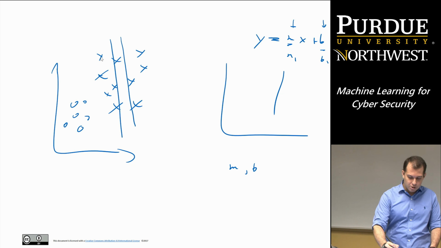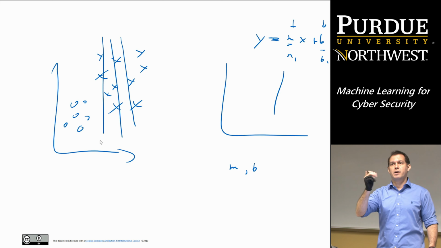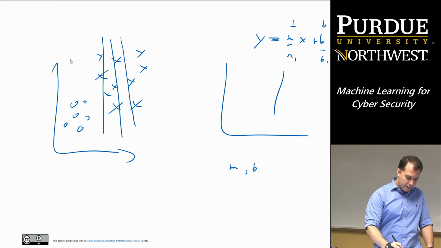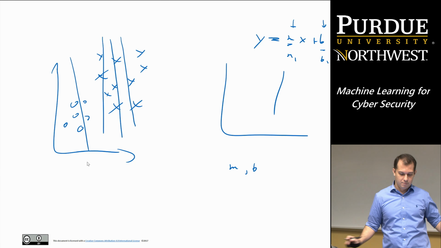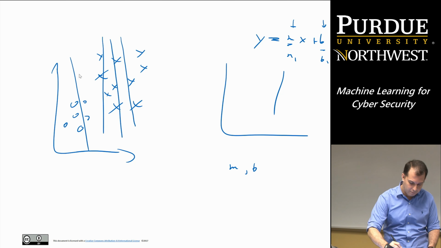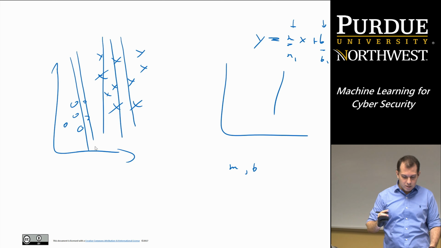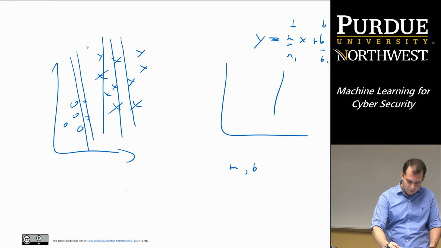Okay, next iteration. Better, right? And then, let's say I draw this one, worse again. Okay, so I'm learning something. What about that one? Better, right? Until that one.